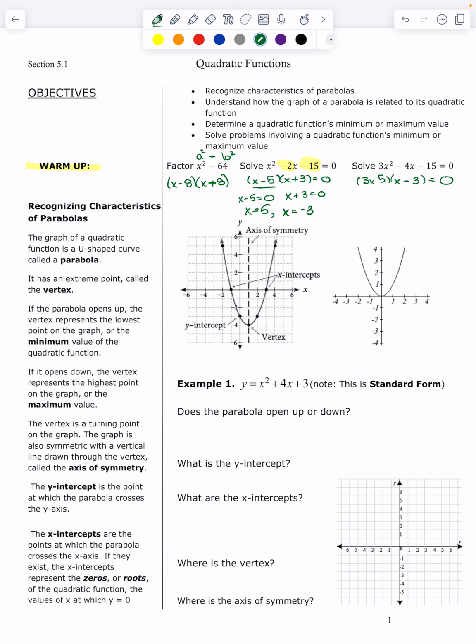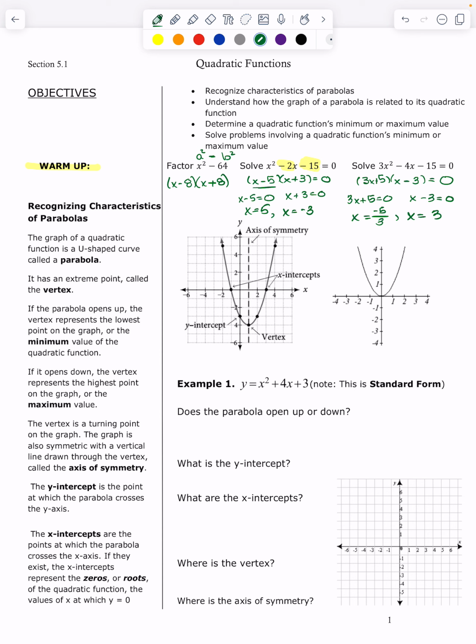I am settling here on negative 9x plus 5x. That works. I get 3x plus 5 equals 0. To solve, I am subtracting 5 from both sides and then dividing by 3. I am running out of space, so you can crank out that work if you want to see it. And the other one, I get x equals 3.